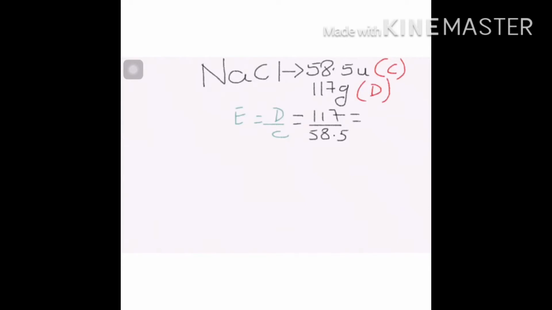So E is equal to D upon C, 117 divided by 58.5 gives you the answer 2 moles.